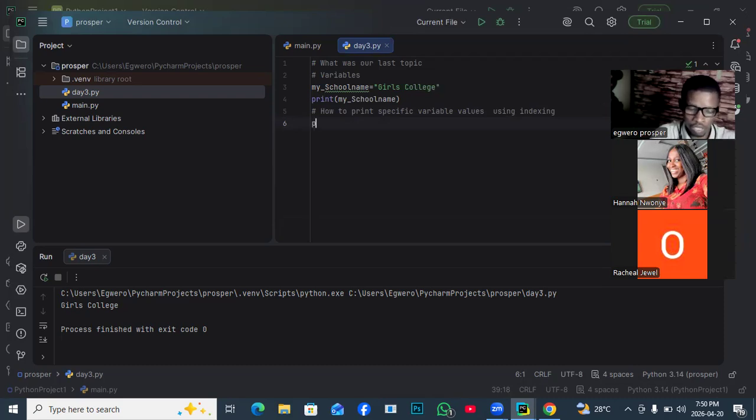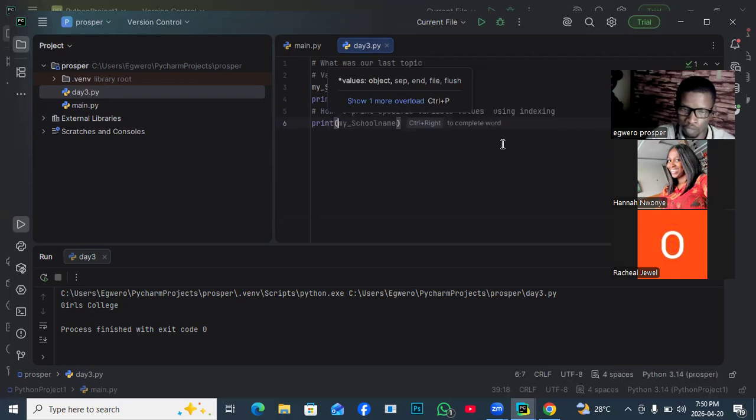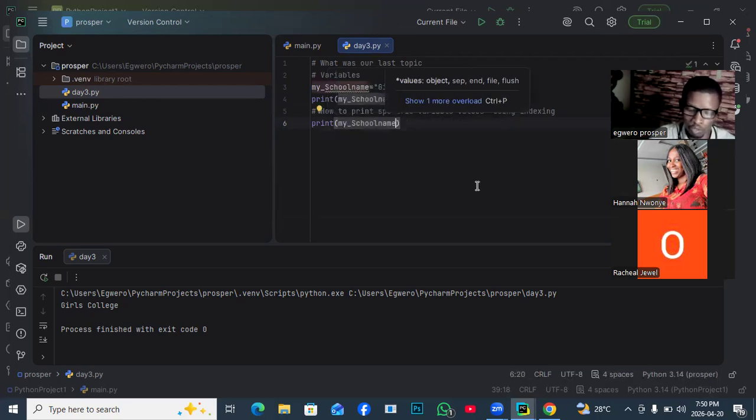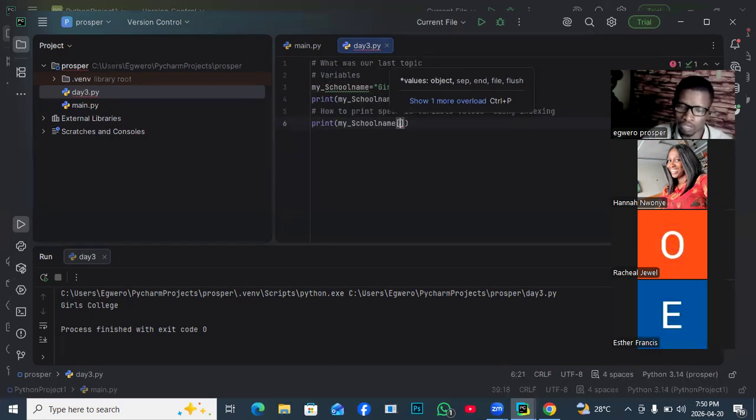Remember, I told us that you simply call your print command, and then from your print command you have to reference the name of the variable, which is my name, and then you use square brackets. Then you call out the value you want in the variable using the index number.